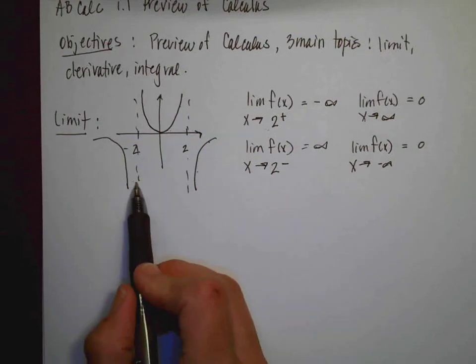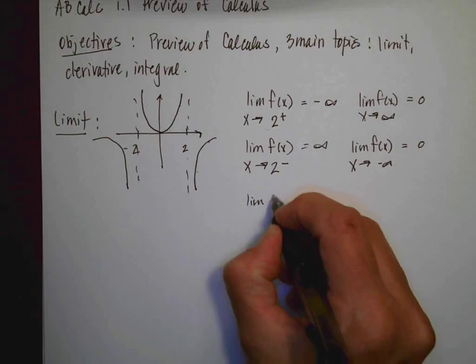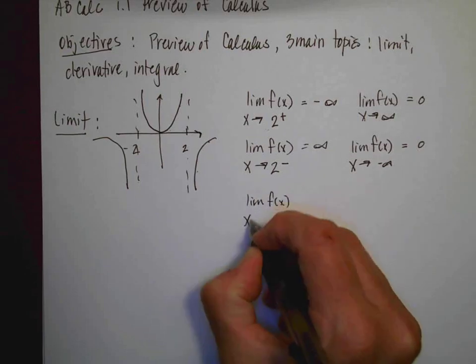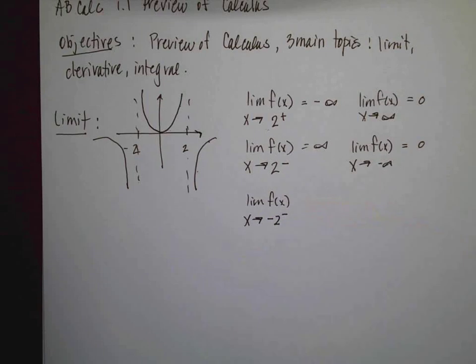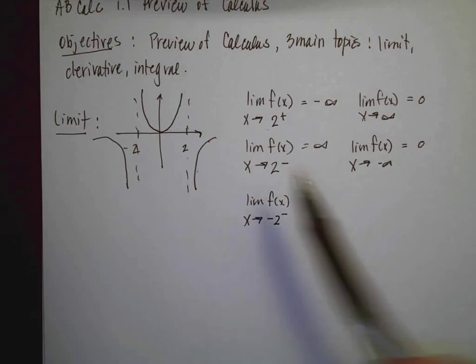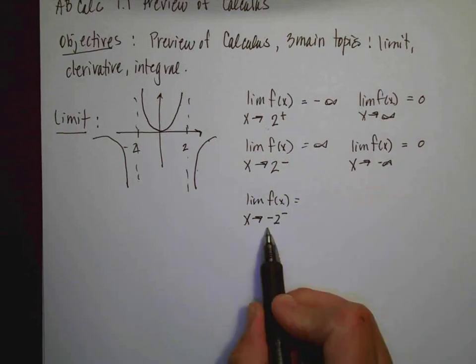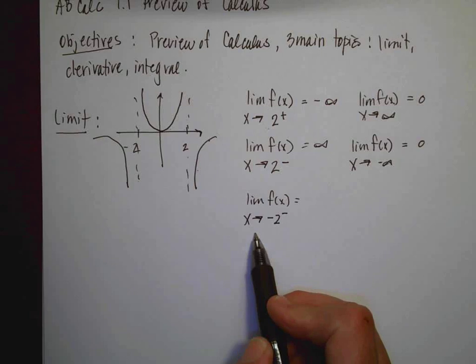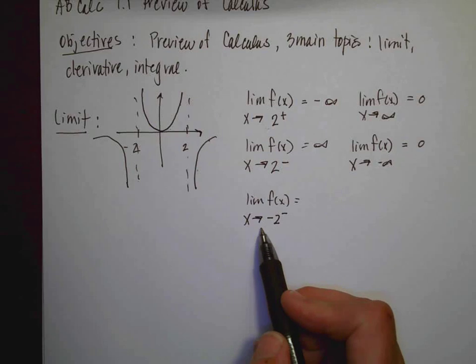So then let's talk about this guy over here. So what would be the limit of the function as x approaches negative 2 from the left? Okay. Now, notice with the notation, it is important. Notice that I've written it this way. It has to be stacked. The notation is important. It has to look this way because this is the way that we communicate our math.